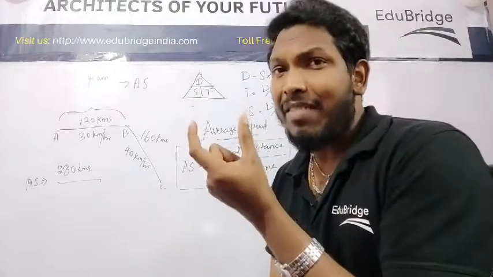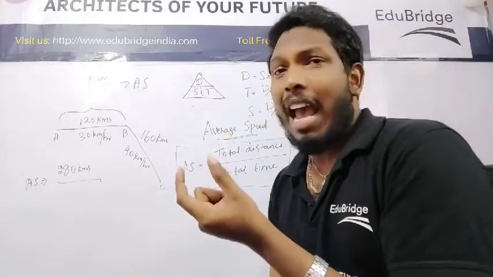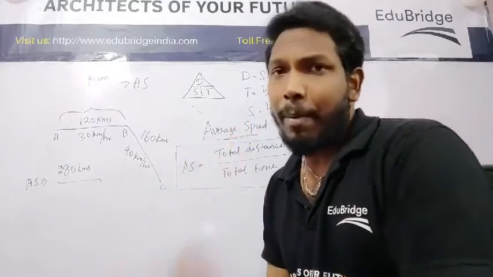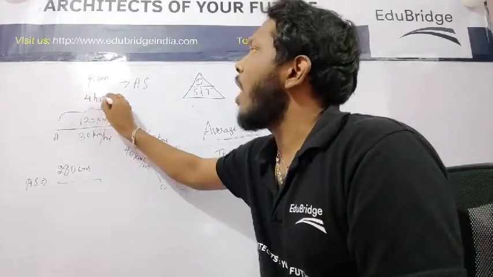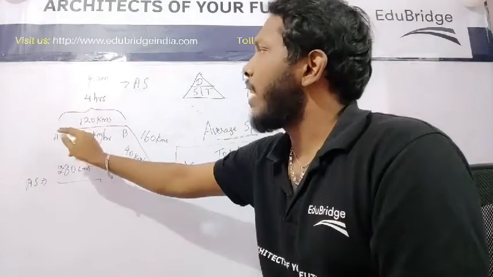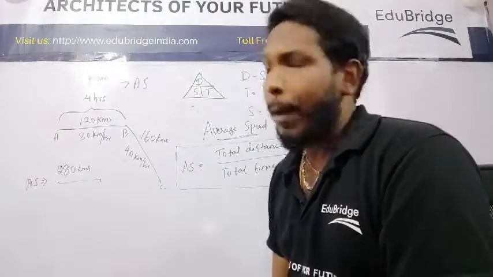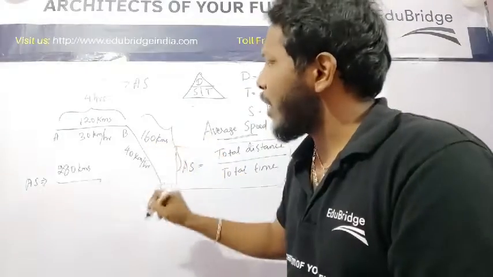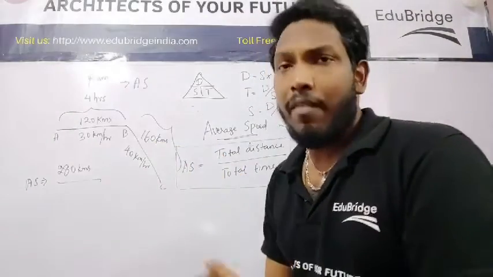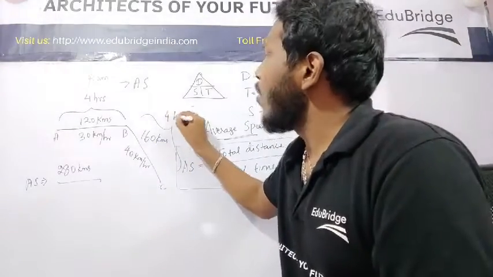I have a distance of 120 kilometers and a speed of 30 kilometers per hour, which is nothing but 4 hours from point A to point B. The second one: 160 kilometers and 40 kilometers per hour, which is again 4 hours.